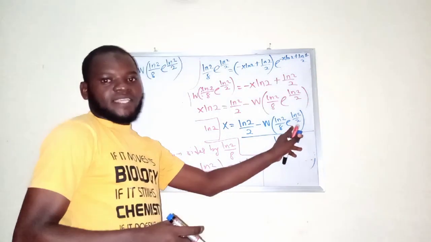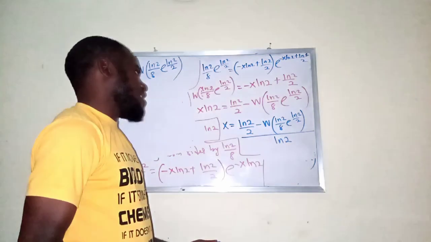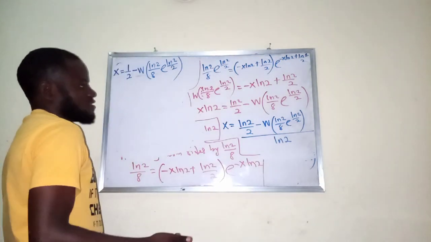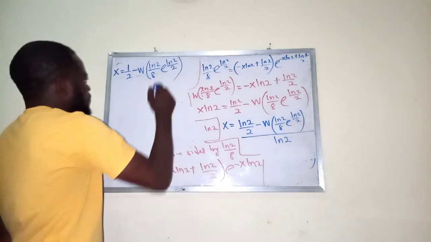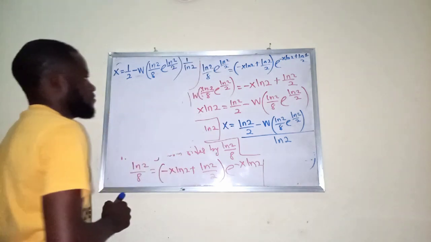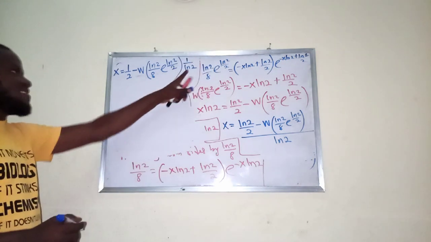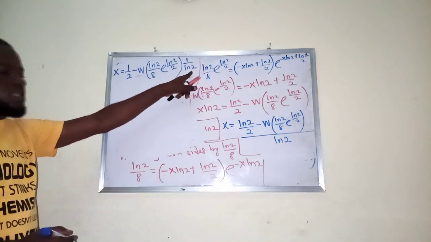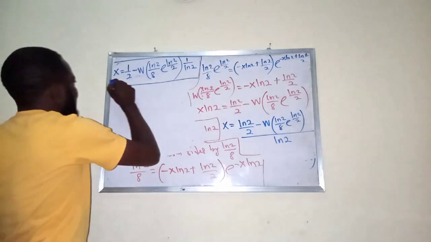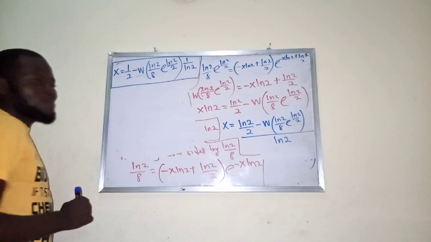This is to be divided by ln 2, okay? If we are using this to divide this, it's the same thing as me saying we are multiplying this by 1 over ln 2. Hence, this is the solution to this particular problem.